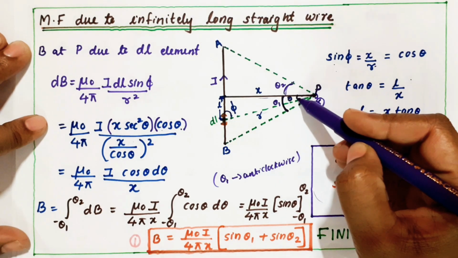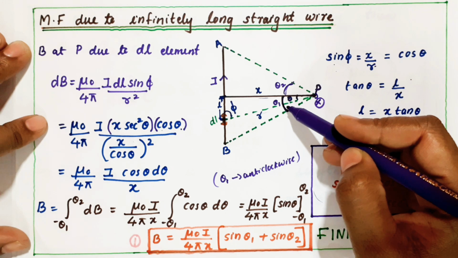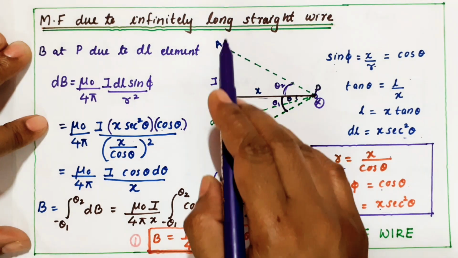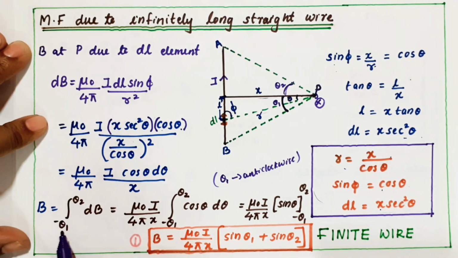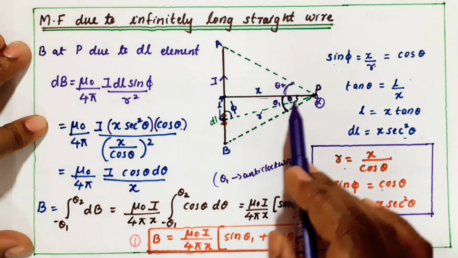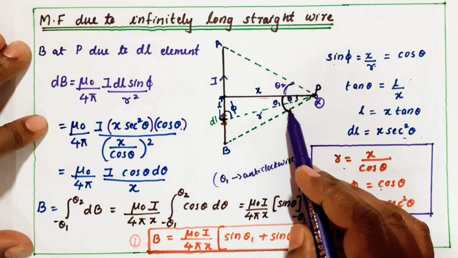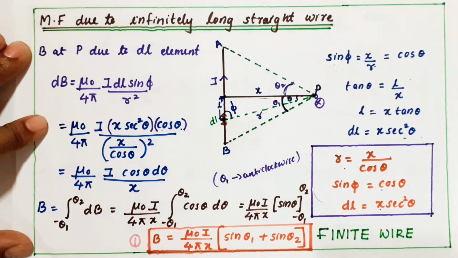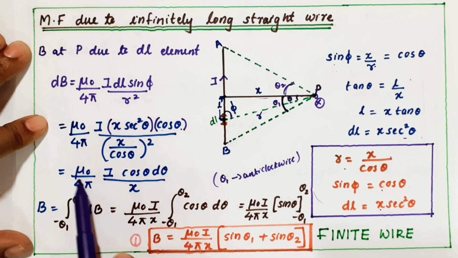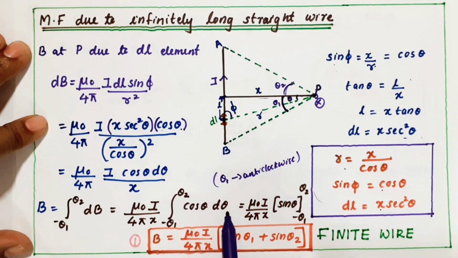Now we found this only for theta. Now I am integrating. For the total magnetic field due to the total element, the integral goes from minus theta 1 to theta 2. Why minus theta 1? Because I am taking that angle in the anti-clockwise direction. So B is the integral from minus theta 1 to theta 2 of dB. Mu naught I by 4 pi x is constant, leaving the integral of cos theta d theta.